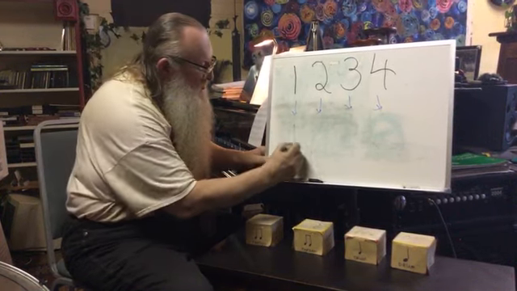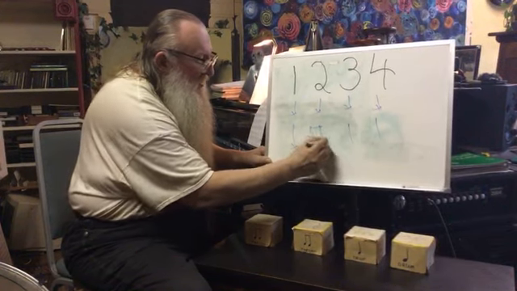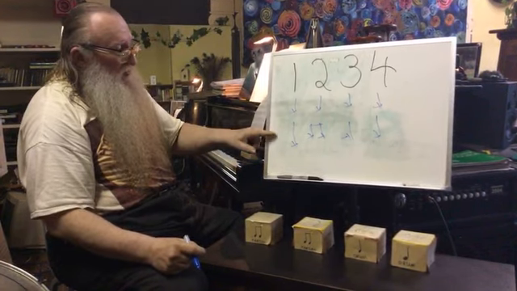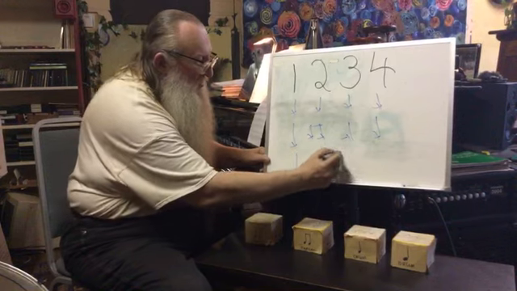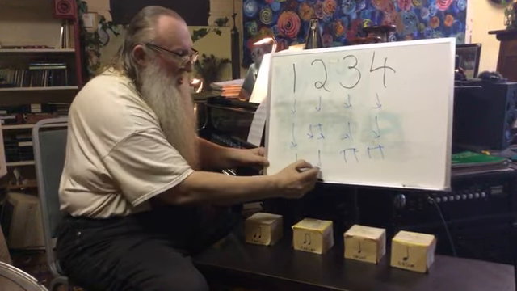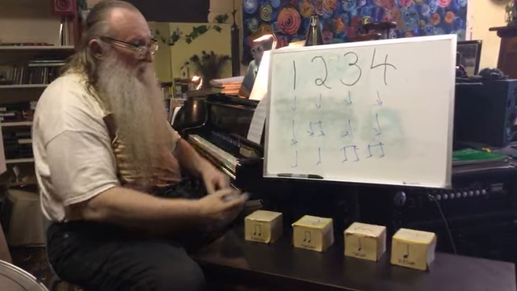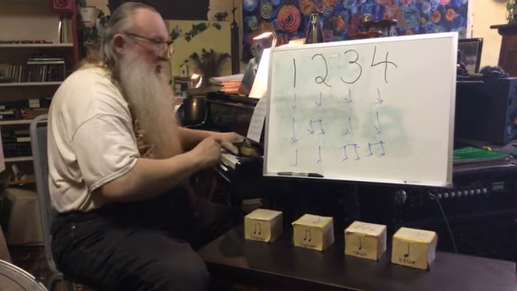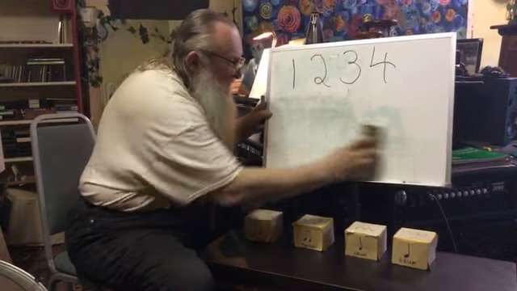So I might write drum, Tarzan, drum, drum. So that now I have one rhythm, here's a second rhythm. So then I might write drum, drum, Tarzan, Tarzan. And there's a third rhythm. And if you keep doing this, eventually you will discover that there are only 16 possibilities total.